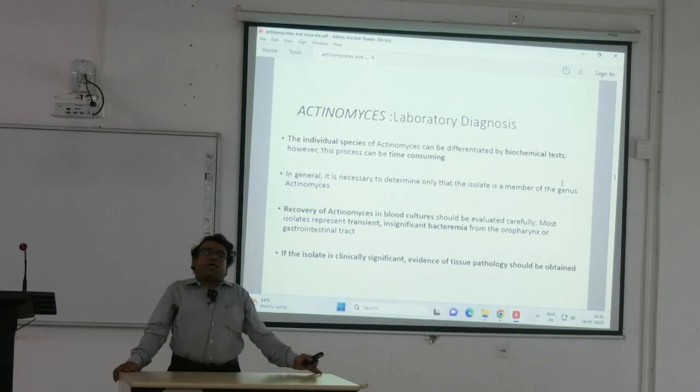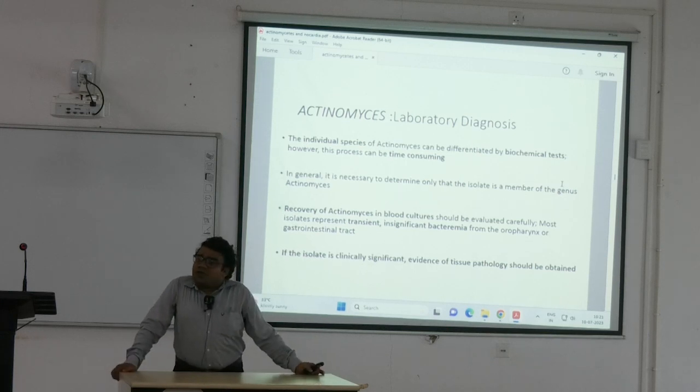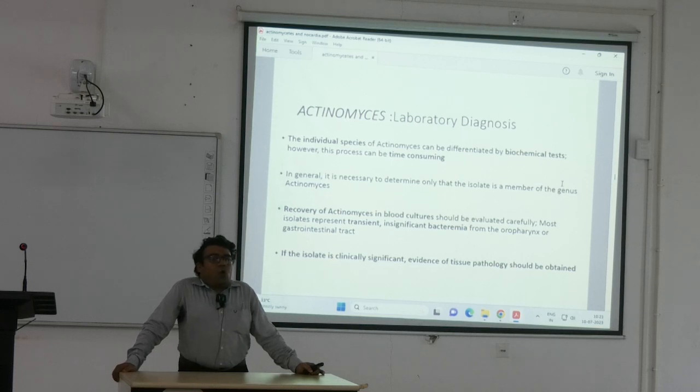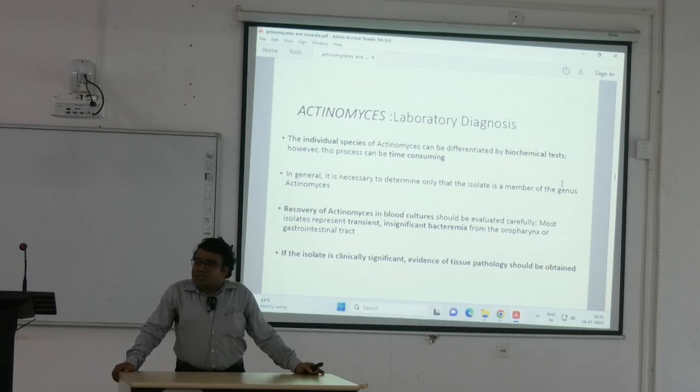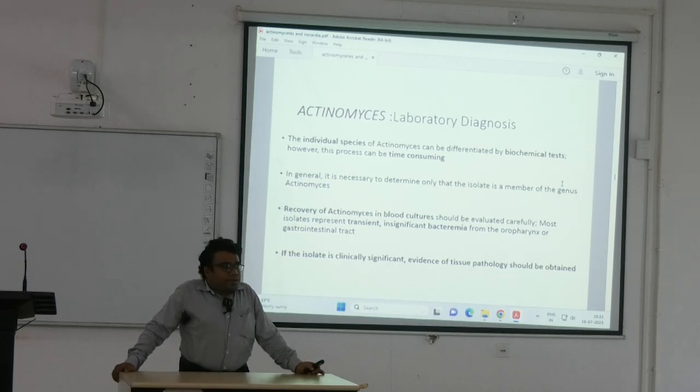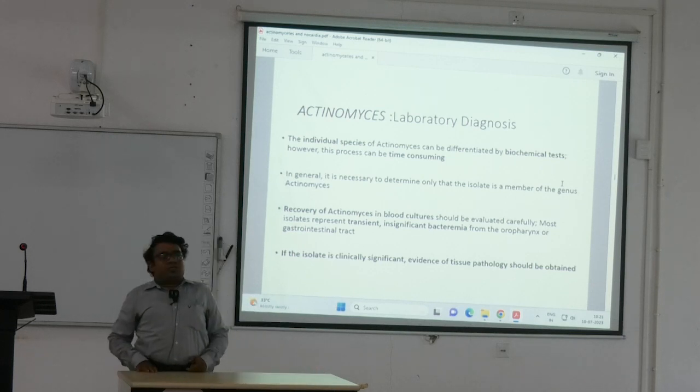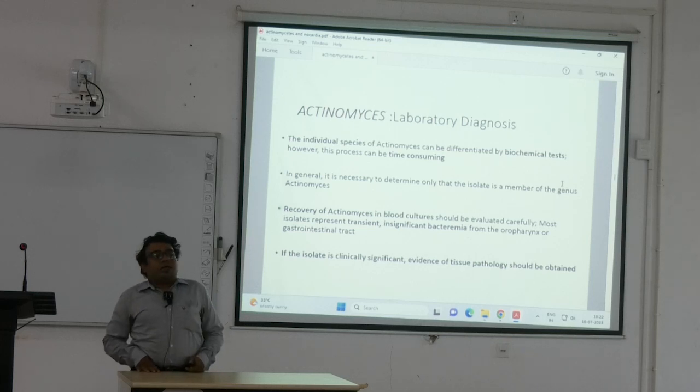Transient bacteremia by actinomyces can occur very frequently. Any kind of oral manipulation like teeth manipulation, teeth extraction, or even simple brushing of teeth can lead to transient bacteremia. So, if this organism grows in blood culture, always consider the possibility of a transient bacteremia, and the actual cause of sepsis might be a different organism.